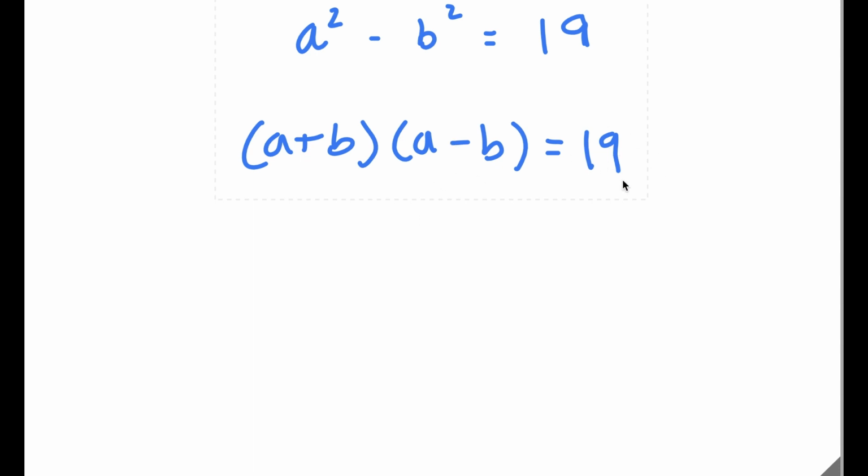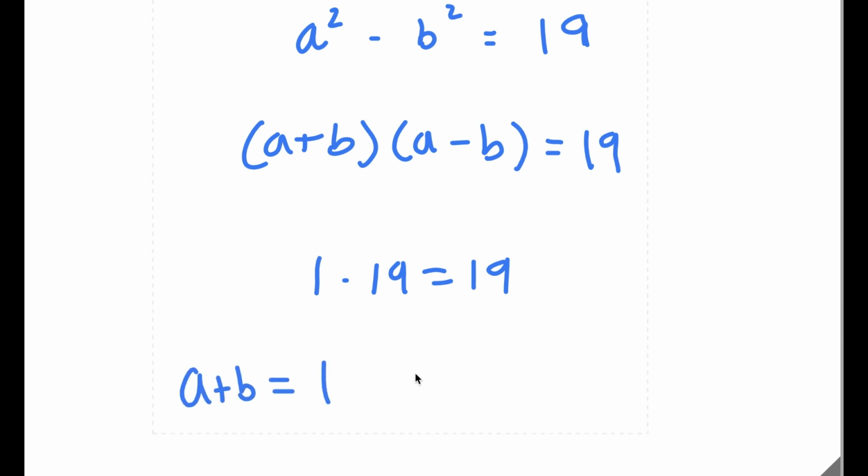Now 19 is equal to 1 times 19, right? These are the only two factors of 19 because 19 is a prime number, meaning its only factors are 1 and itself. So we can think of a plus b as 19 and a minus b as 1.